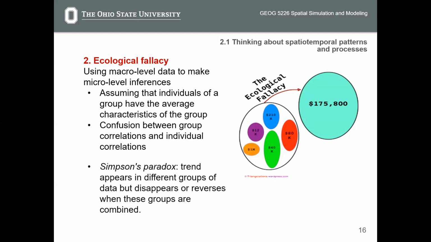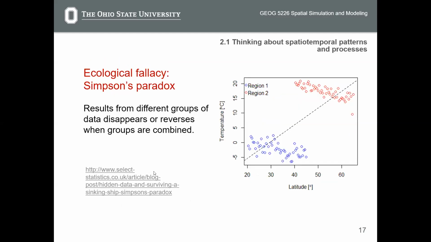Okay, and there is another very famous example for ecological fallacy called Simpson's Paradox. A trend appears in different groups of data, but disappears or even reverses when these groups are combined. Here is an example.